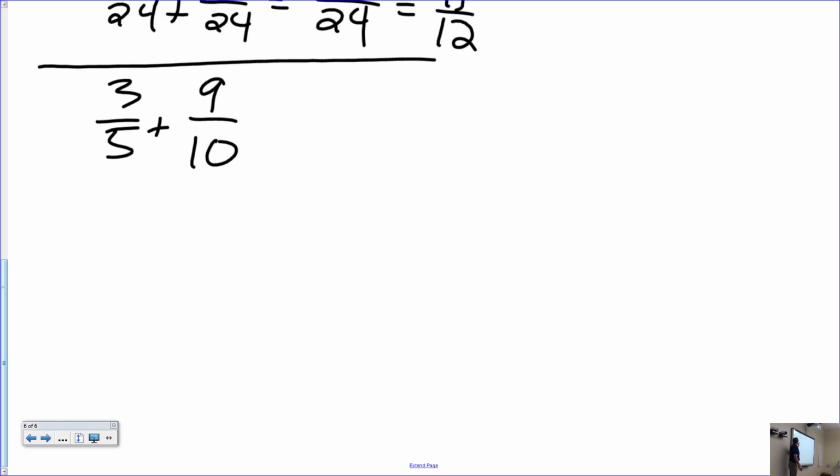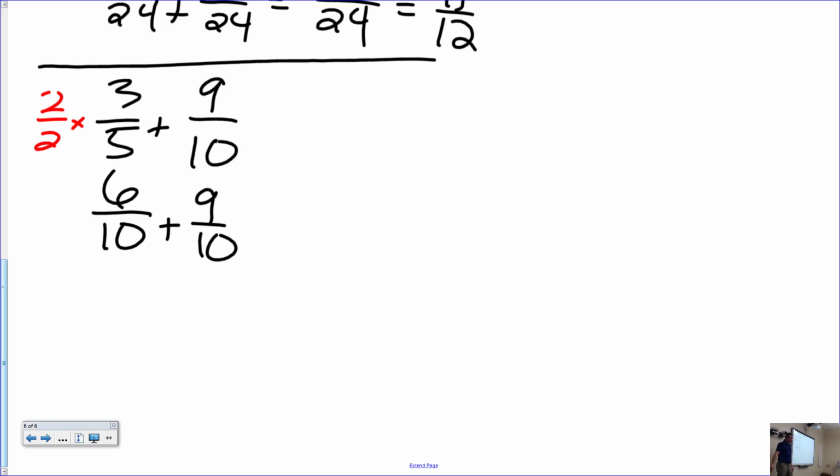But what do you notice about 5 and 10, folks? Yeah, 5 can go into 10. This is a real easy fraction to convert to a common denominator because 5 times 2 gets you to 10. And what's 6/10 plus 9/10?